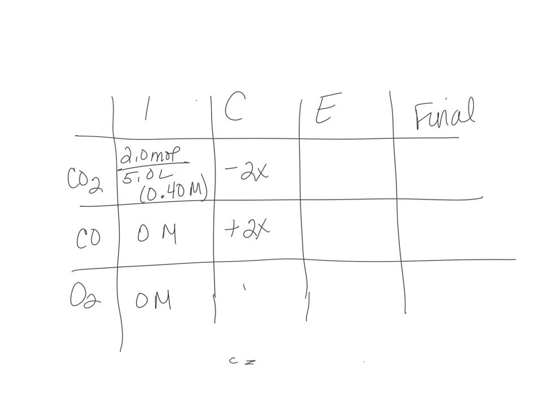Oxygen is just going to be x because there was no coefficient in front of it. So for our equilibrium concentrations, we have 0.40 molar minus 2x, 0 molar plus 2x, and 0 molar plus x, and we'll fill in the final after we do the math.